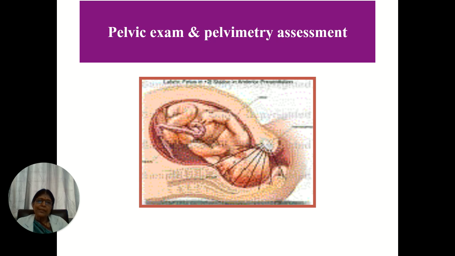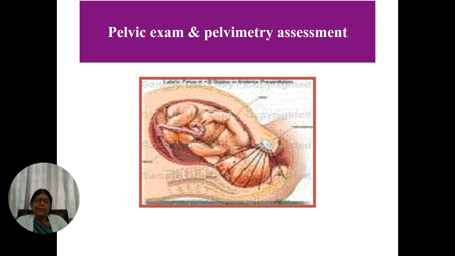Clean the external genitalia with a swab, and with 2 fingers of your right hand you enter. The first bone which you feel on the posterior surface of the pelvis is the sacral promontory. You touch that with the middle finger, till the point at which the inferior border of the symphysis pubis touches your gloved forearm, which is the diagonal conjugate.